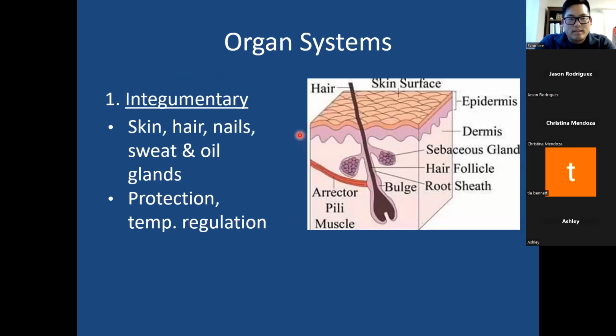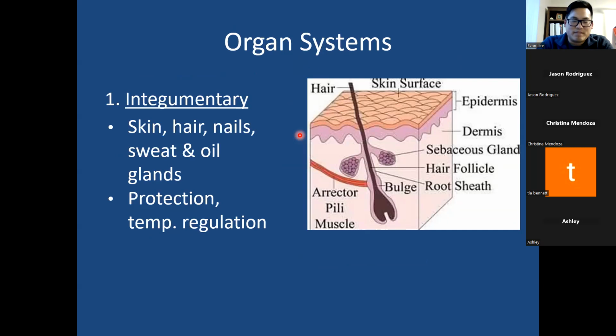To start off with, the integumentary system. When you say the word integumentary system, that sounds really foreign, sounds really tricky, but it's actually just your skin. Your skin is going to be one of your major organ systems. I think it's the biggest organ system of your body. There's quite a lot of stuff that goes into your skin, and it's covering your entire body.